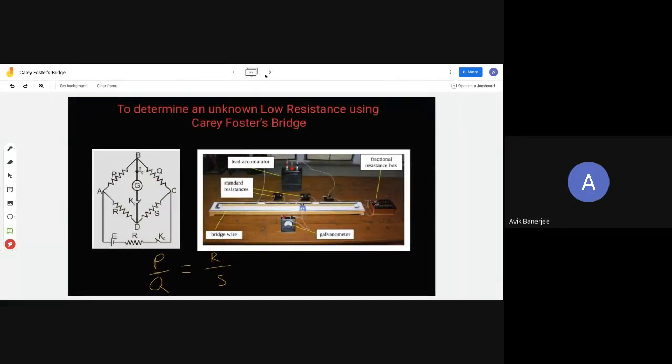So we're going to connect this fractional resistance box on one side, in this gap. We're going to close the other gap using the metal strip, so that Y is 0. You may say that for this, the X is 0.